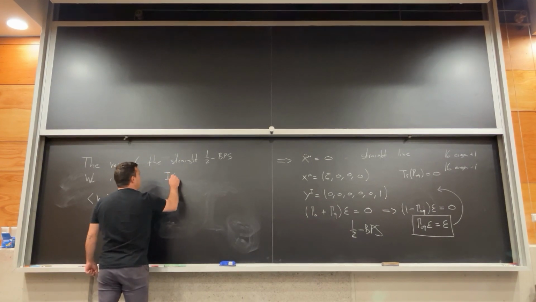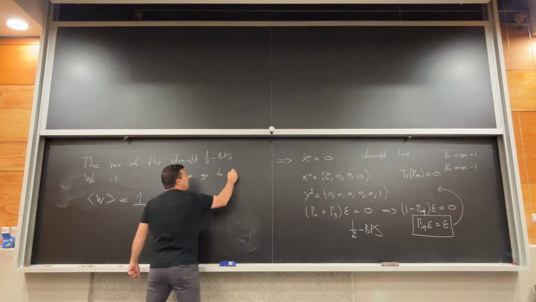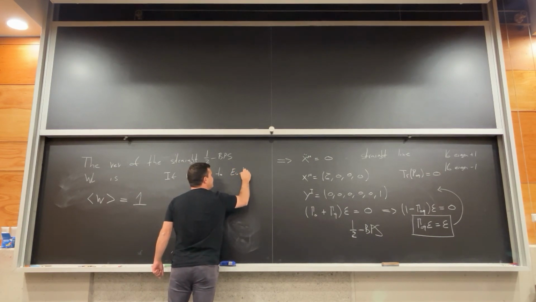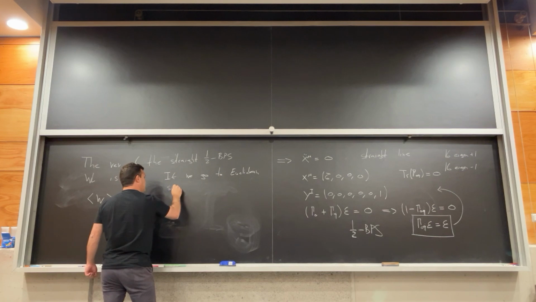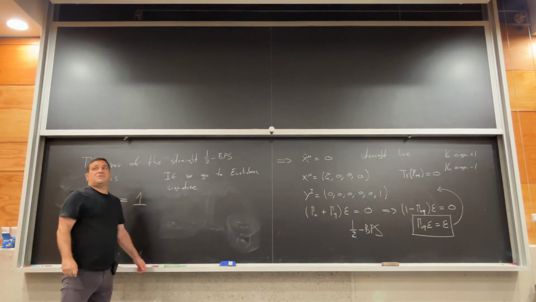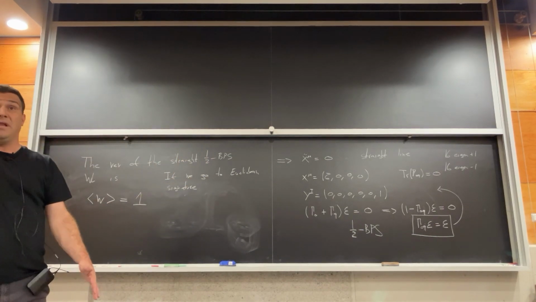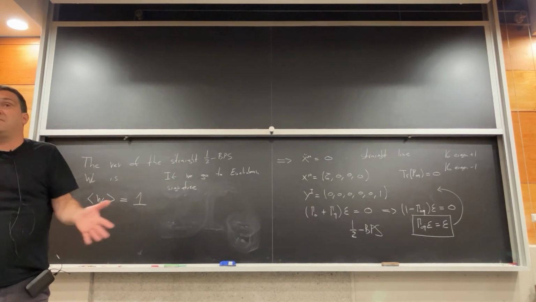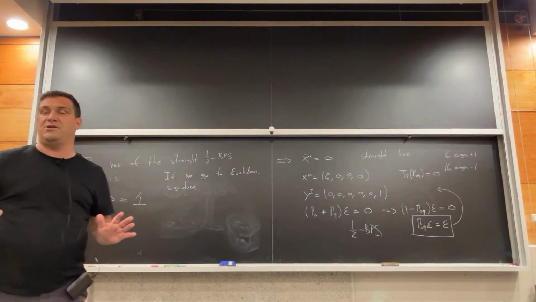If we go to Euclidean signature, in Euclidean signature there's no time direction, right? So this straight line is just a space-like line, like in any other direction. So there's no time-like condition anymore.